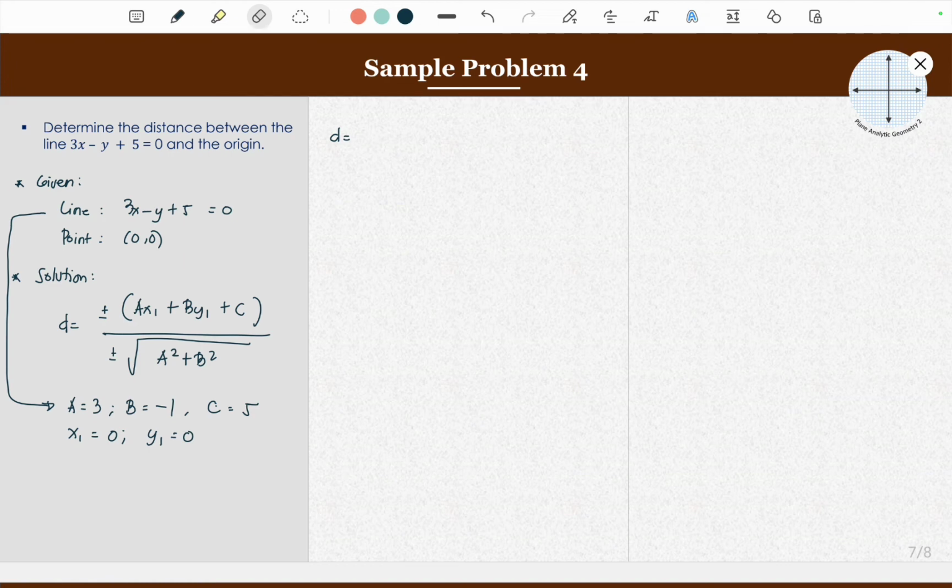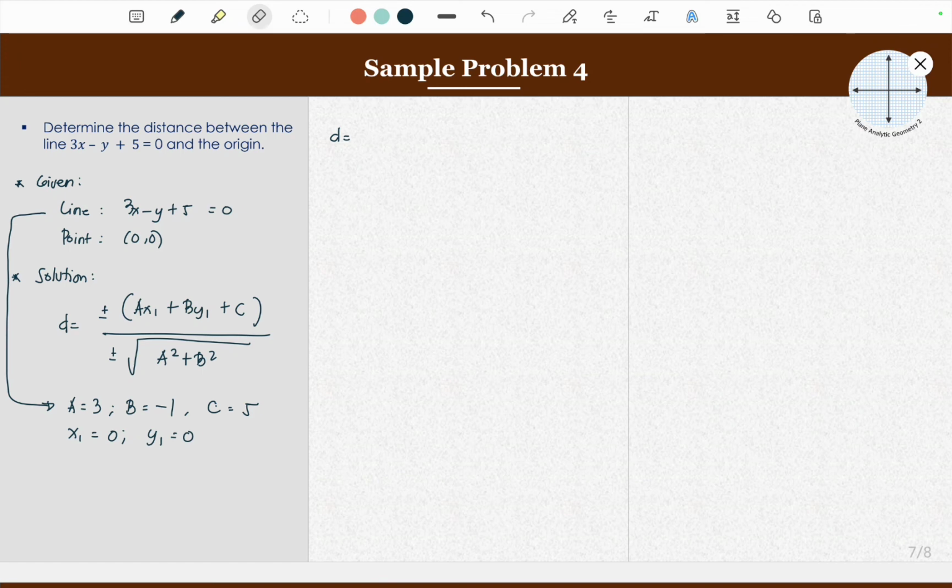The signs are just indicators of the direction of the line. So let us just take the positive value of our answer.